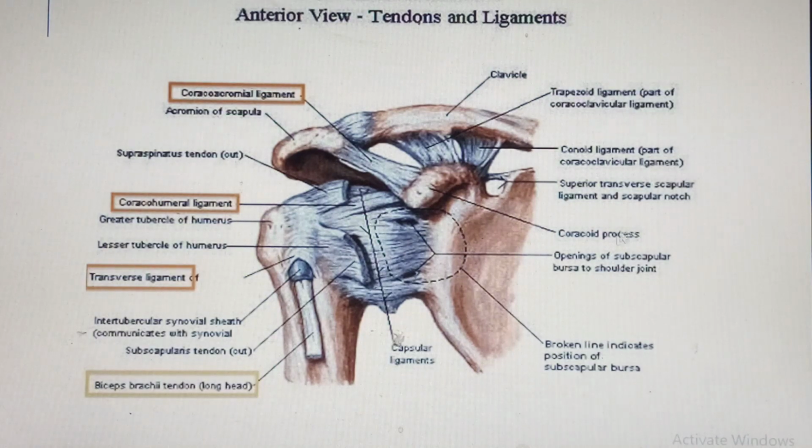But some other ligaments which are very important in helping stabilize this joint, we include this ligament over here, the coracohumeral ligament. So it tells you the attachment, coracohumeral ligament.